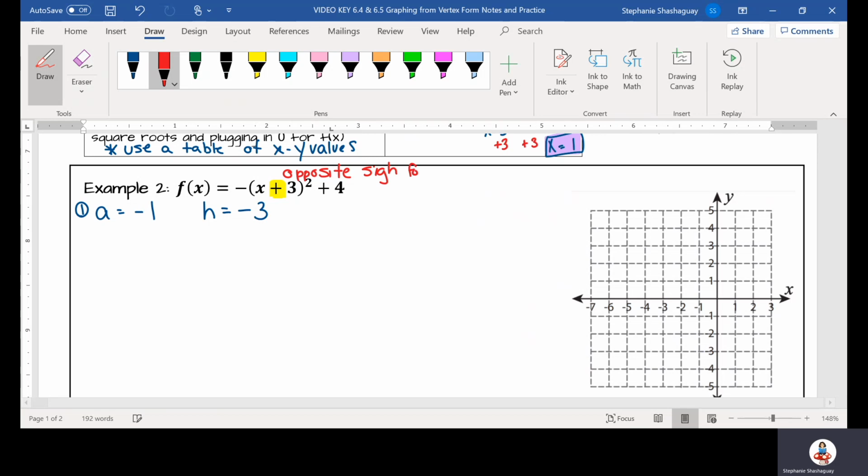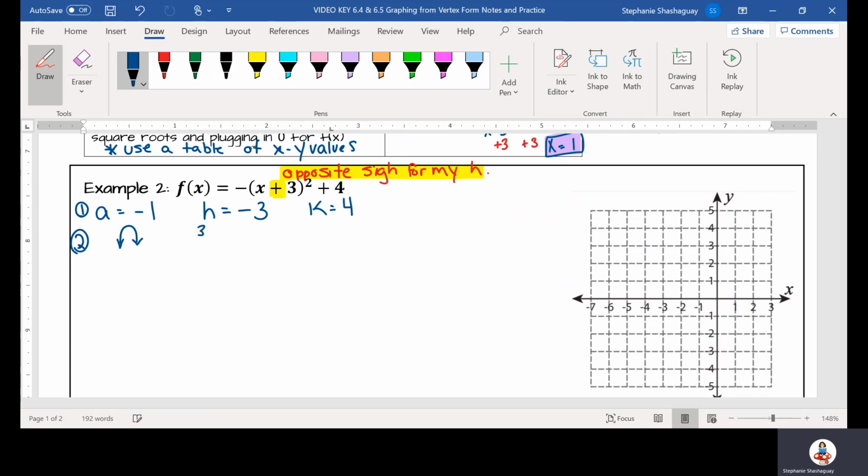Don't forget it's the opposite. So my a is equal to negative 1, my h is equal to negative 3, and my k is equal to 4. So step 2, I'm going to determine if my parabola is going to open up or down. And since my a term is negative, it's going to open down.